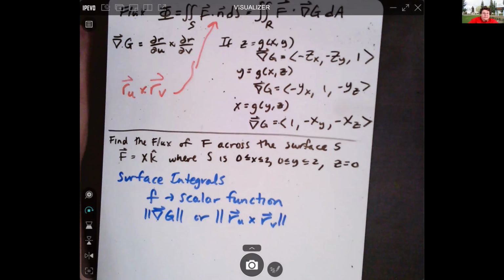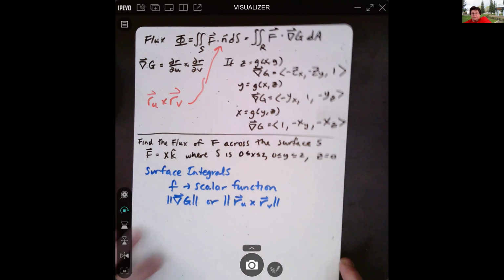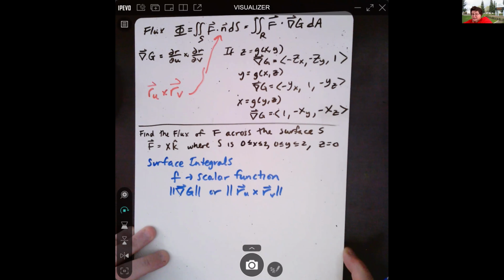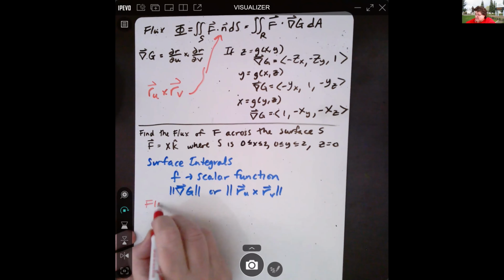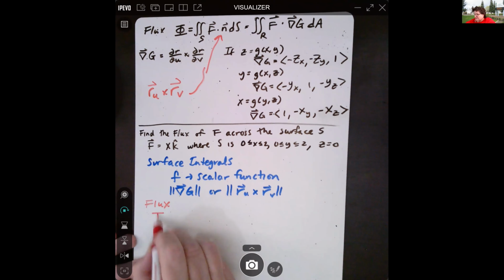Let me do this, so I get more on one screen. That's surface integrals. When we do flux, they like to use the nice fancy looking phi. I think it's a capital phi.